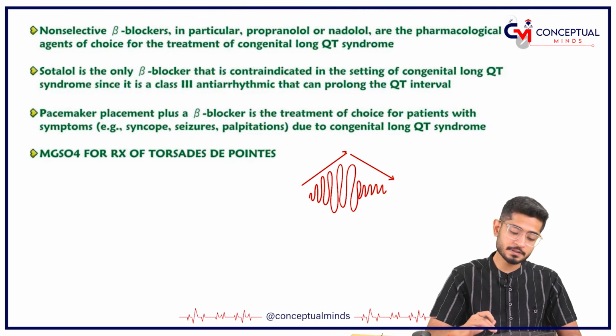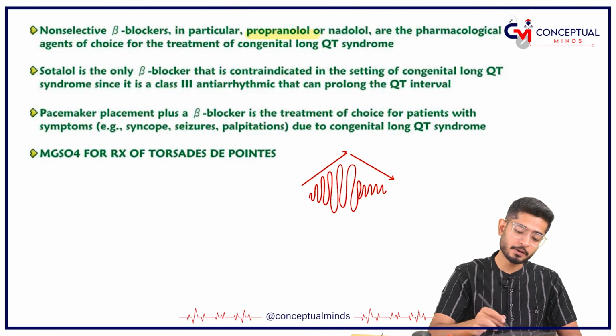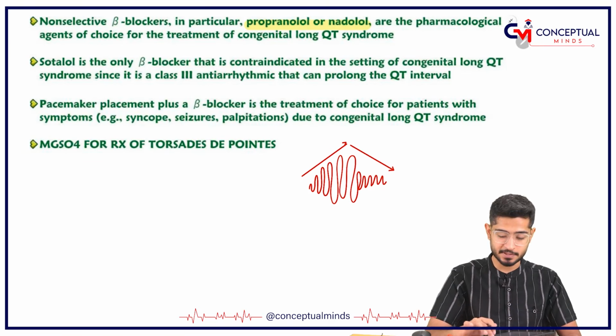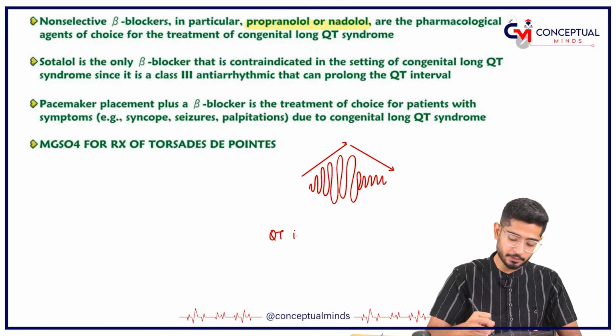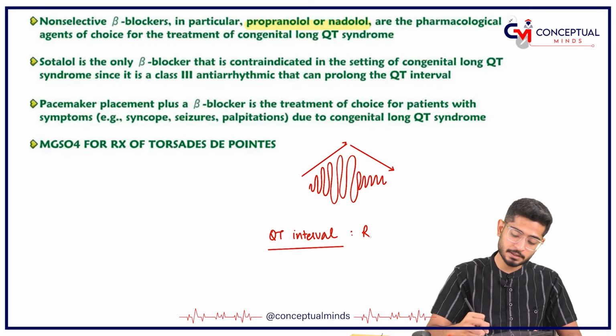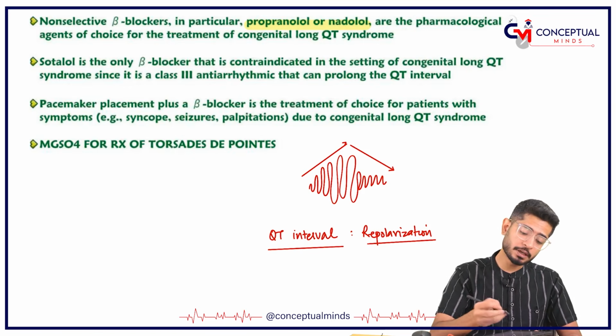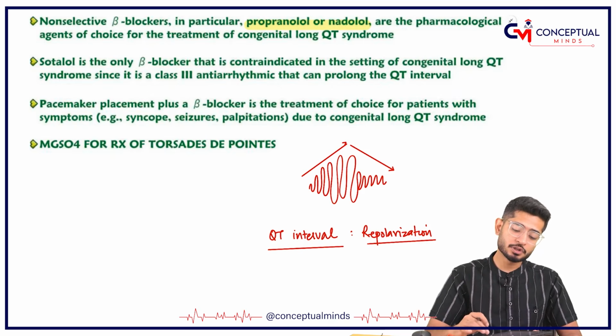And of course, there are some drugs like propranolol and nadolol, the non-selective beta blockers. They are helpful to treat these conditions. Why? Because prolonged QT interval means that the repolarization is delayed. In order to correct this delayed repolarization, we give propranolol and nadolol.